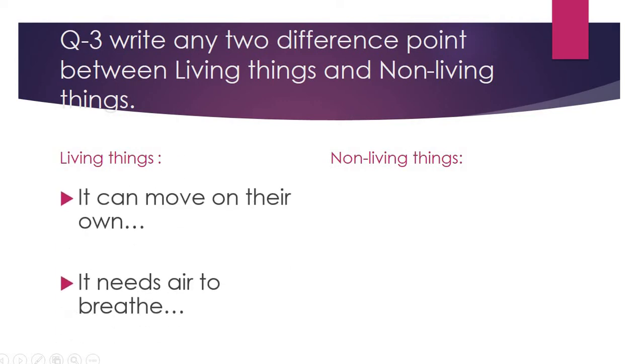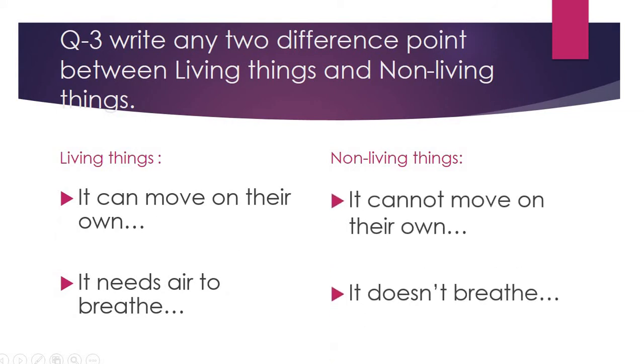So here are the points of living things and non-living things. Please start writing, students. I'll keep two more seconds compared to the other answers, because I know these points you have to write down properly. So start writing, because I have already explained these points. I will read them and explain again. In this time you have to write it down.